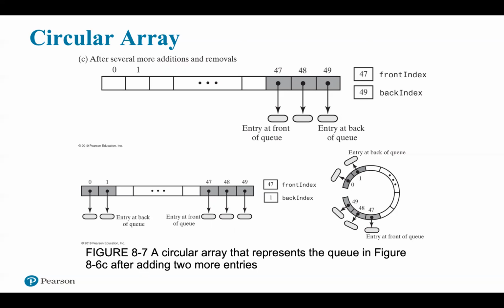We make the array behave as though it were circular so that its first elements follow its last elements, as figure 8.7 illustrates. To do this, we use modulo arithmetic on the indices. Specifically, when we add an entry to the queue, we increment backIndex modulo the size of the array. For example, if queue is the name of the array, we increment backIndex with that approach.